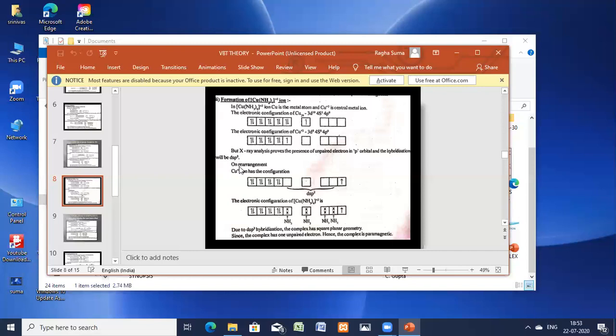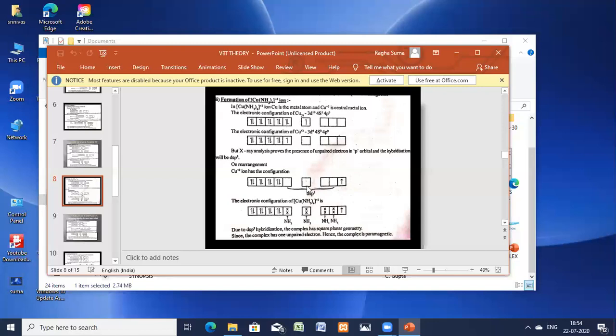So 1 d, 1 s and 2 p orbitals undergo hybridization. A total of 4 atomic orbitals of copper undergo hybridization and 4 hybrid orbitals are formed.